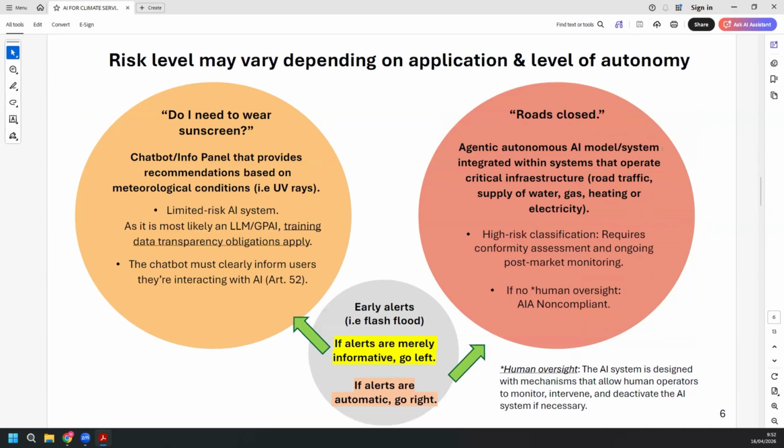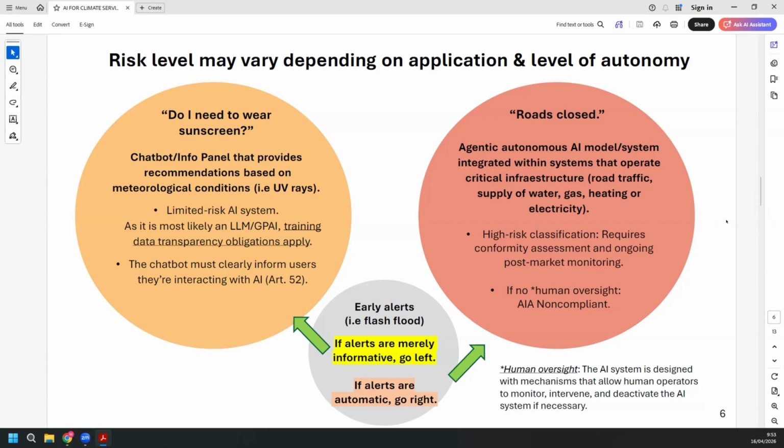Okay, this is also a basic example, so you can see that risk level also may vary depending on the application of this AI and the level of autonomy. So on the left, you would have a chatbot that basically gives you recommendations on whether to wear sunscreen or not based on the UV rays of the sun. And this would be considered a limited risk because it's basically an informative recommendation.